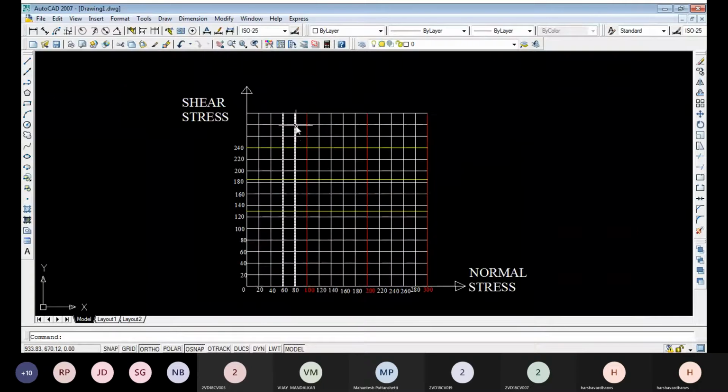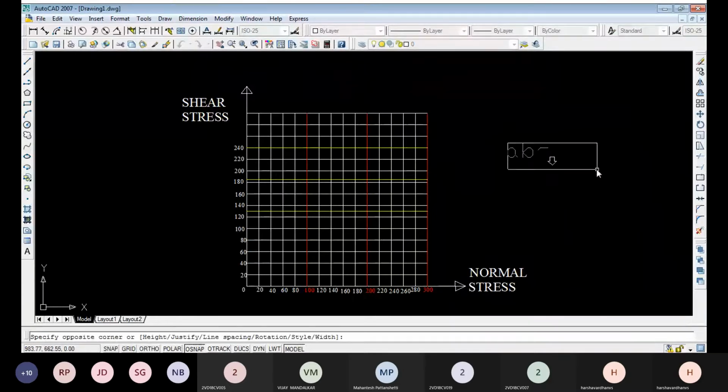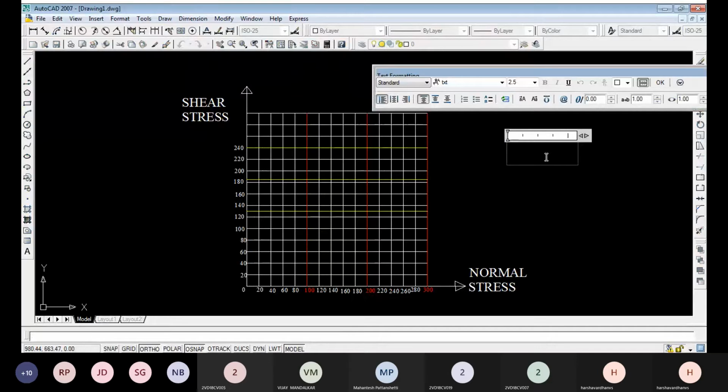So first we have to mark the points. The coordinates of the first point: normal stress is 100 and shear stress is 130.